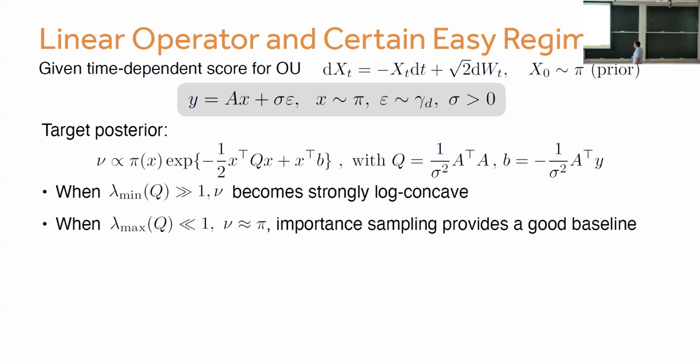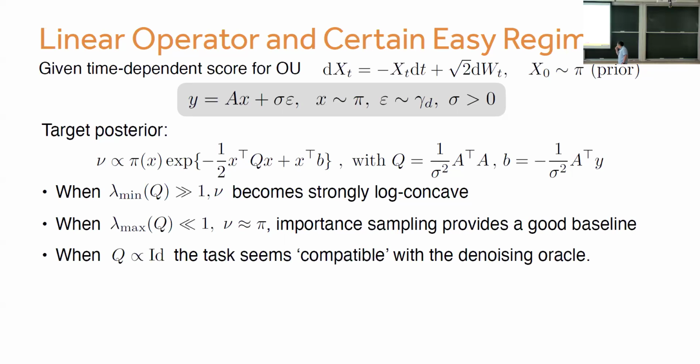Then I can use the prior as a baseline and do some importance sampling to adjust the weight, which is a natural baseline in this case. Okay, so these two facts are quite universal, independent of score-based diffusion. But the interesting thing is that if you have the reverse dynamics, a reverse SDE, giving you the prior data distribution, now you can do something more in the middle.